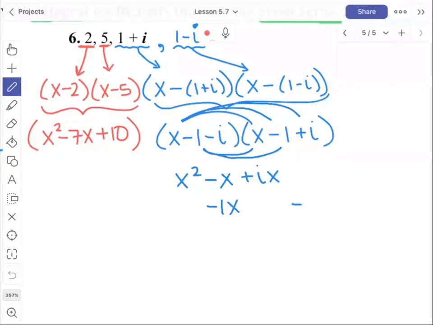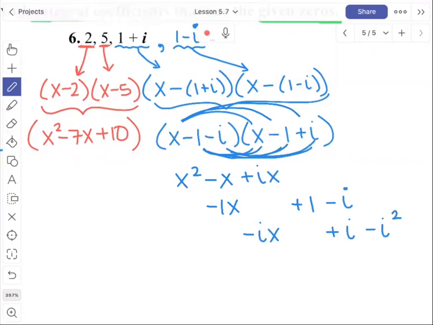All right, I'm going to put that on the side since I'm trying to combine anything similar, and I don't have anything similar up top. Minus i. All right. And then negative ix plus i minus i squared.